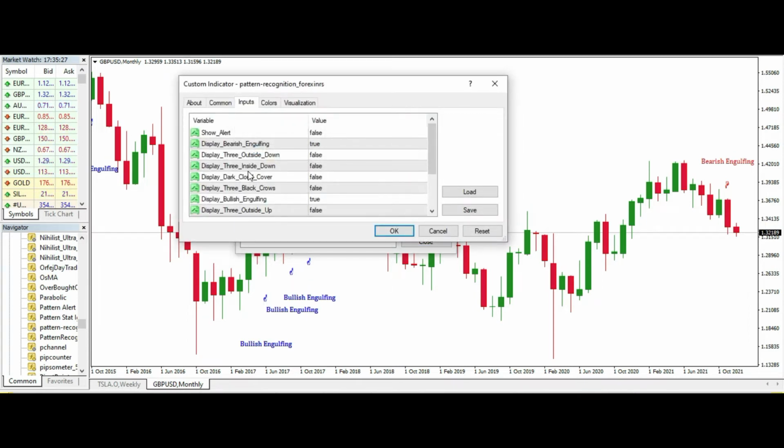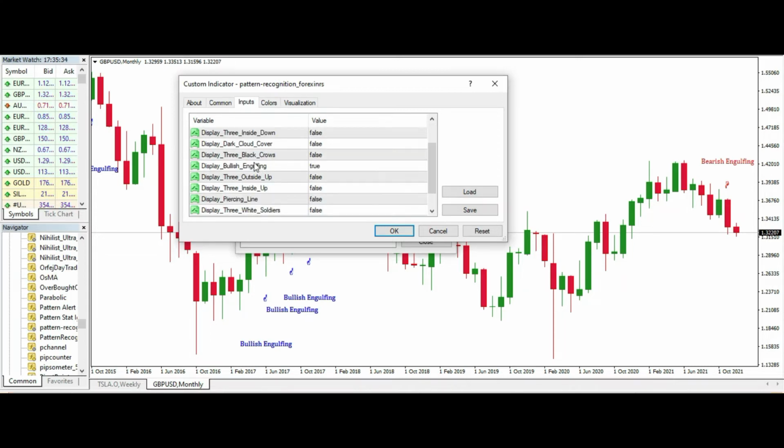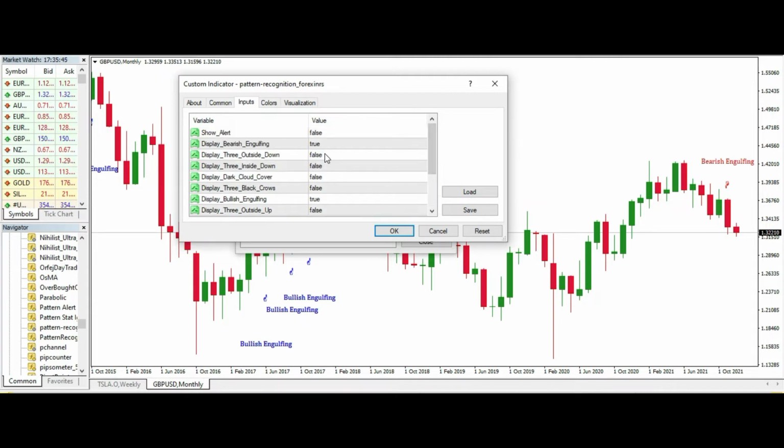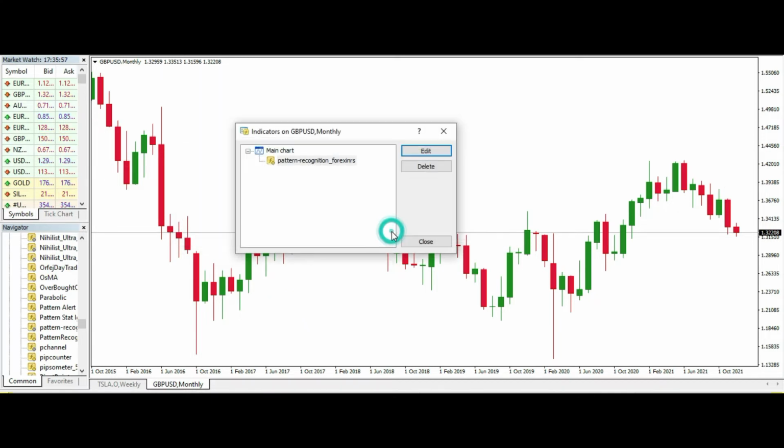It's a bearish engulfing, three outside down, three inside down, dark cloud, three black crows, three outside up, three inside up, piercing line, three white soldiers, Harami, etc. So right now I enabled bullish and bearish engulfing pattern, and all others I set to false. Of course, if you want, you can set them to true, and they will be visible on your chart.